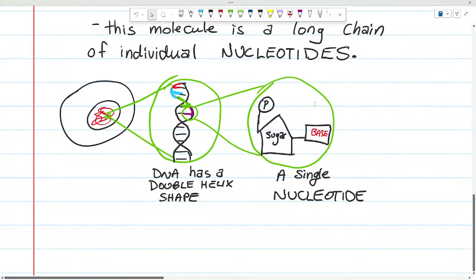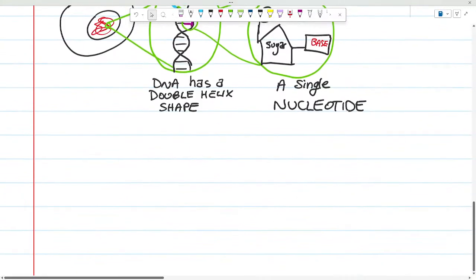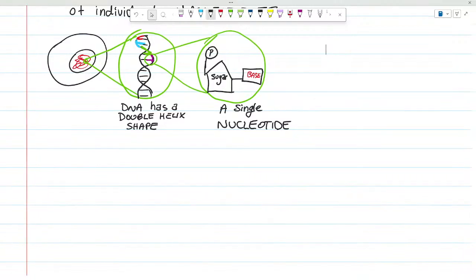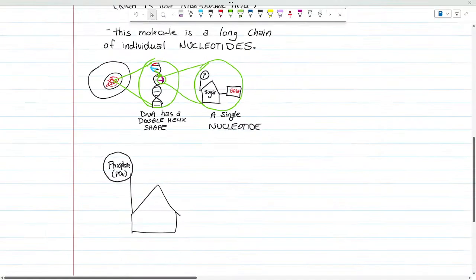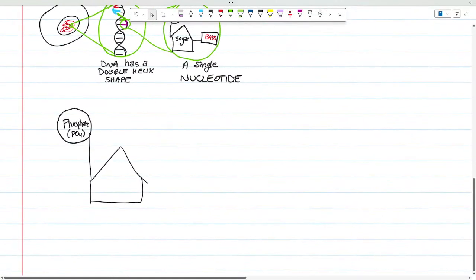So if we want to imagine that, again, we'll draw this just a little bit bigger so we can label each part. This is a phosphate group, which is a PO4 group, if you're wondering. This is a sugar. Specifically, it's a deoxyribose sugar, unless it's RNA, in which case it's a ribose sugar.